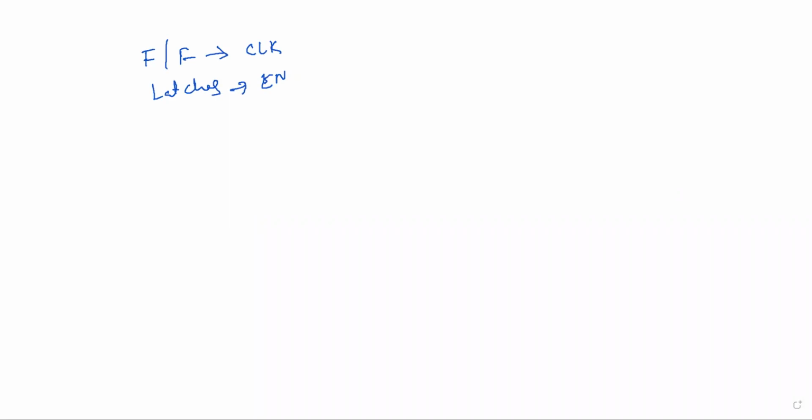Now today we'll see the different types of flip-flops, and one by one we'll go through the detailed discussion. Coming to the different types of flip-flops, the first one is the SR flip-flop. S stands for set and R stands for reset.